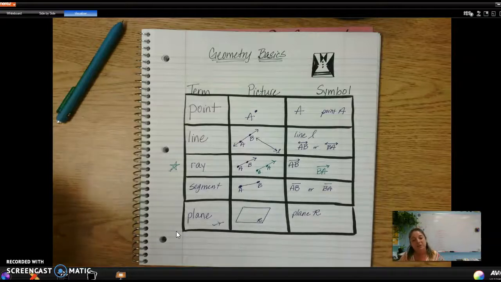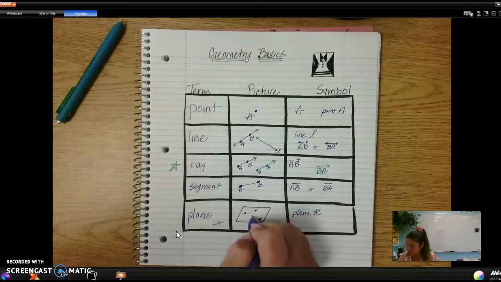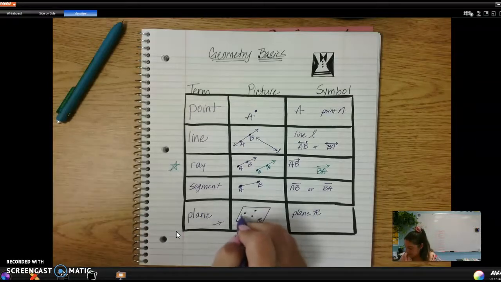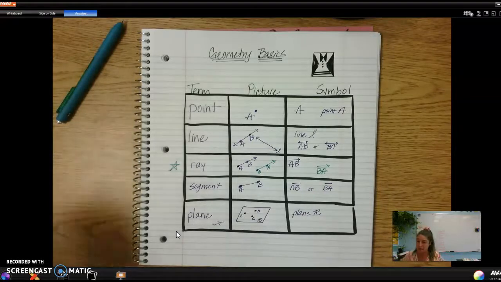The other way that you can name a plane is when there are 3 points on the plane, but those points cannot be in a line together, okay? They have to be in a different area. They cannot all be in a straight line, because then it would be a line that you're talking about, not a plane.